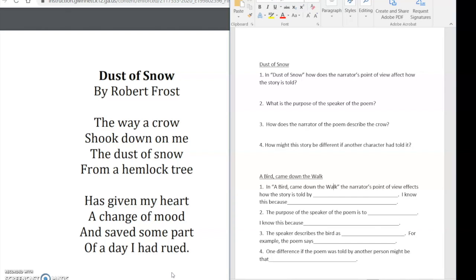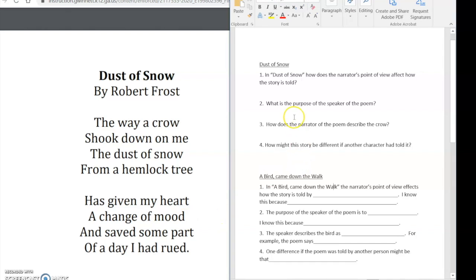It has a very negative meaning. Does not mean you're enjoying the day. So I think that shows us that the speaker was not having a good day. And then this action of this bird saved some part. It changed his mood a little bit. So it seems to me like he's looking at this as a positive, funny experience. So let's think about that as we answer these questions.